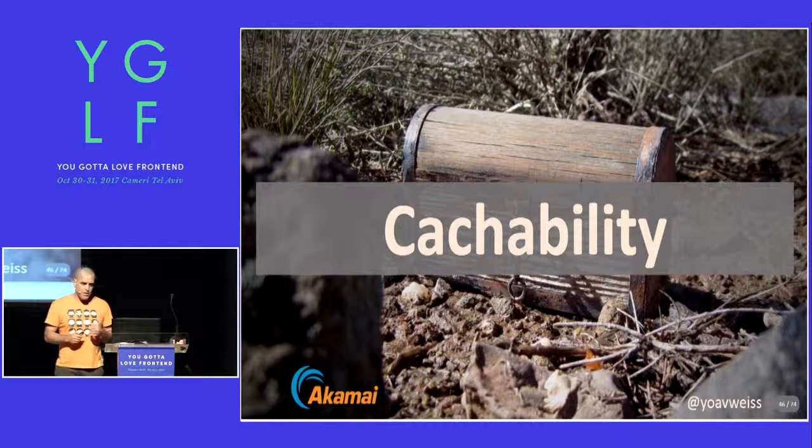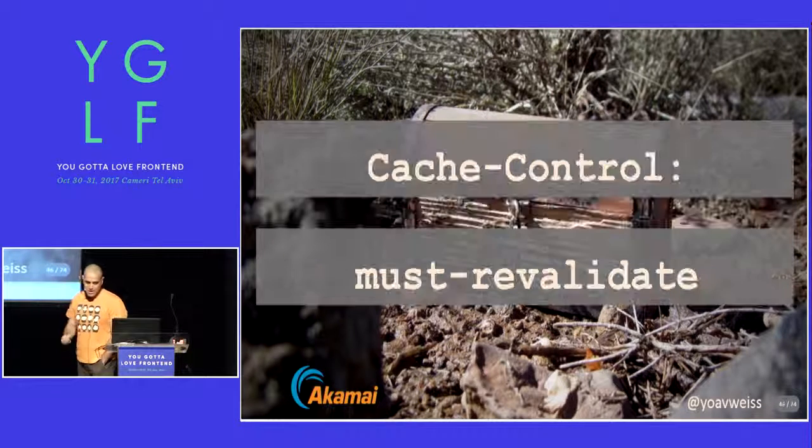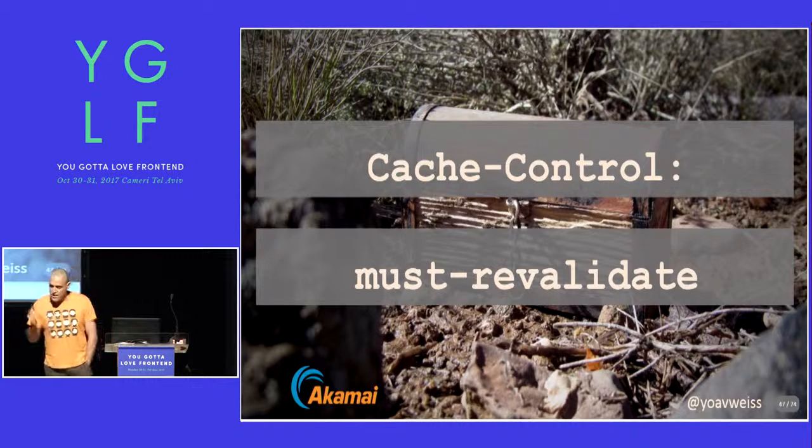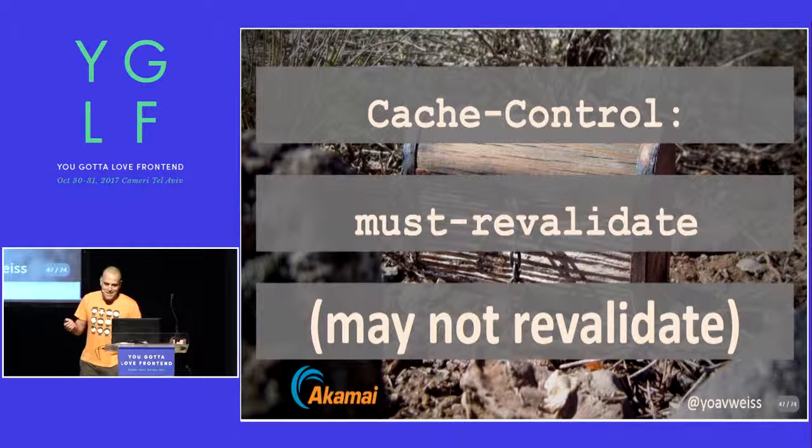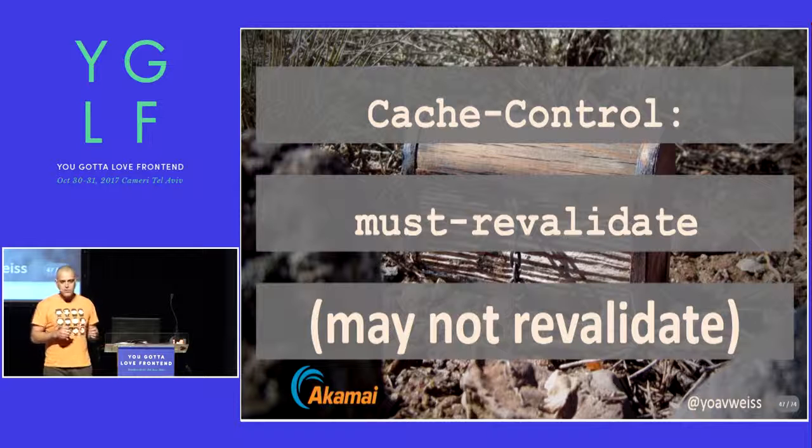We talked earlier about the two hardest things in computer science. Now I'll tell you about the two biggest lies in computer science. So cache control must revalidate, may not revalidate. Must revalidate means that your content will not be revalidated as long as it is fresh, but cannot be served stale once the freshness has actually run out.